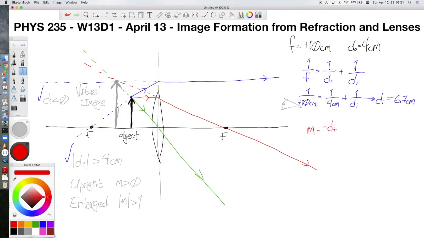When we calculate our magnification using negative d_i over d_o, that's negative of negative 6.7 centimeters, divided by our object distance of 4 centimeters, we get a magnification of positive 5/3, which is both greater than 0 and has a magnitude larger than 1.